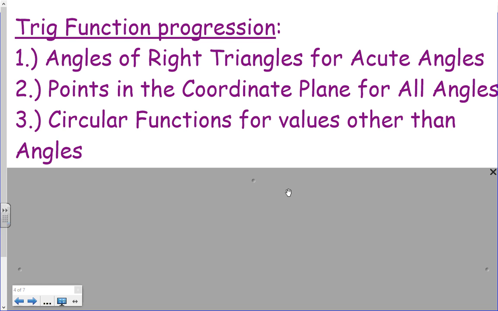We've worked with points in the coordinate plane so that we can now define a point in any quadrant and thus an angle of any size. So we jumped outside of just working with angles in a right triangle. And now we're talking about circular functions for values other than angles. So I might be using inputs that are not actually measuring angles anymore, and I'm still using those same trig functions to do it.